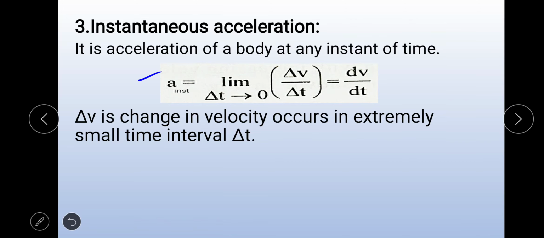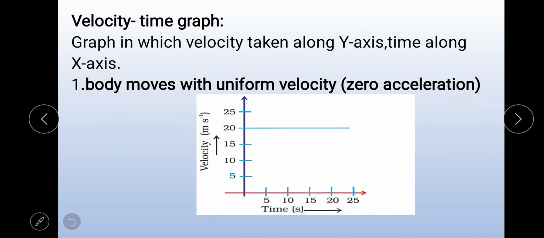Okay, next, velocity time graph. The graph in which velocity is taken along y-axis and time is taken along x-axis. Okay, first one, body moves with uniform velocity or zero acceleration, right?